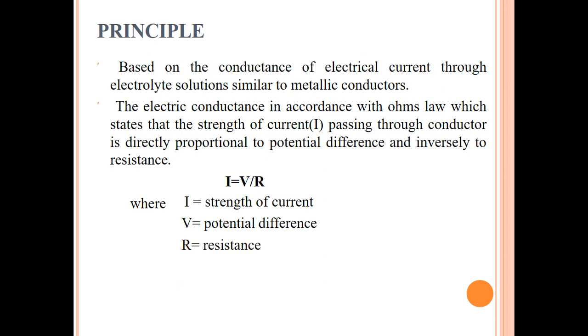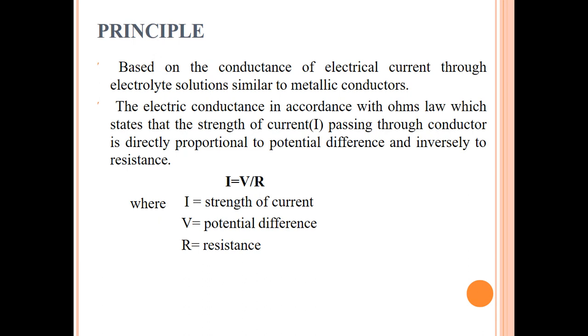The principle of conductance, let's discuss here in this slide. We will see, based on the conductance of electrical current through electrolytic solution, similar to the metallic conductors, the conductivity is produced.